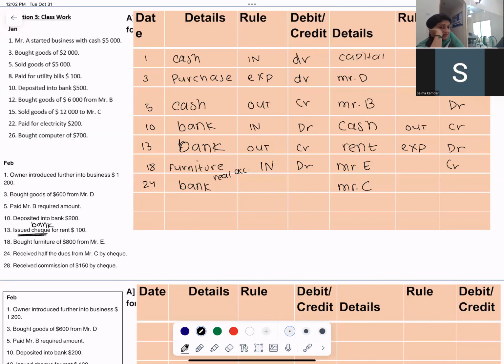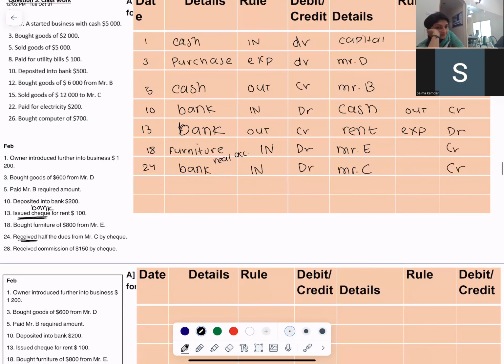Underline the word: what have you done? Have you received or given? When you're receiving, is money coming in or going out? So bank will be debit. Two accounts are involved.